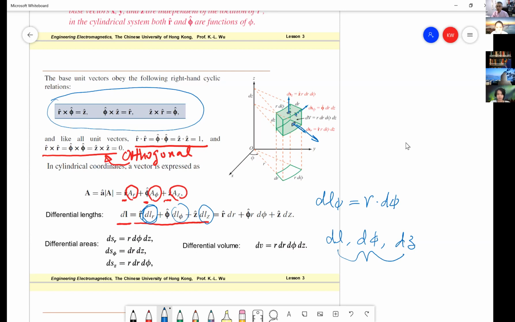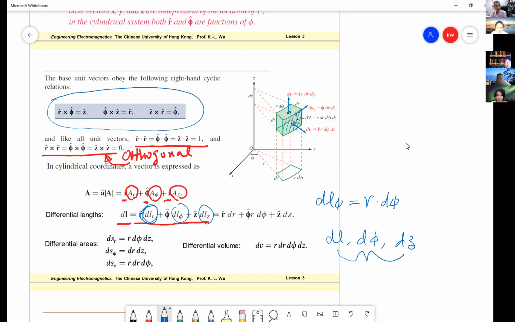Okay. And once we know the differential length, we need to define the differential area. So look at the very, very small volume defined in cylindrical coordinate. Then we have one surface. This surface, the normal direction is dr, right?